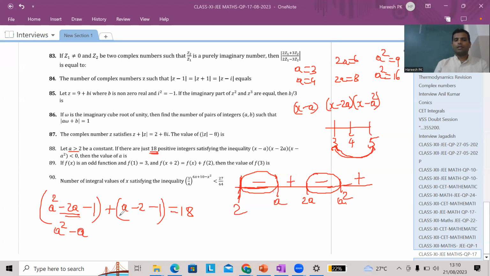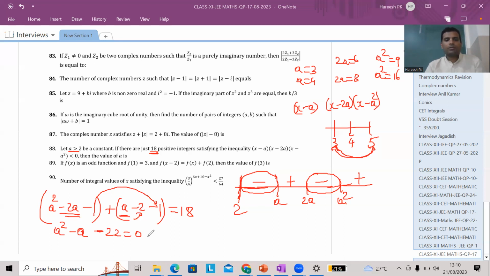I simplify: minus 2a plus a is minus a, and here you'll have minus 4. Minus 4 minus 18 is minus 22, equal to 0. There are just 18 positive integers satisfying this, right?